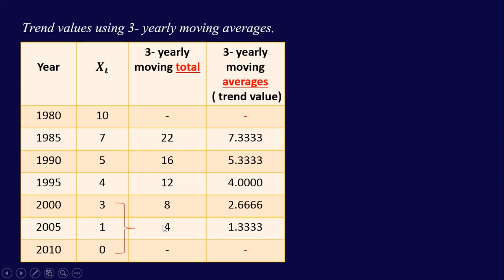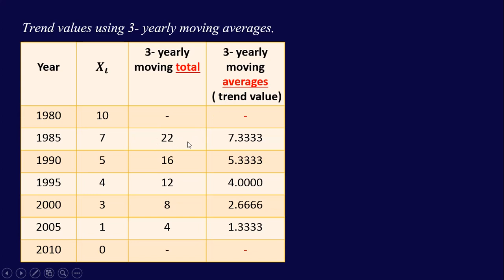We write this 4 in the middle. Now if we skip 3, there are no remaining 3 values, only 2 are remaining. So we stop here, making the 3 yearly moving total. Here the first observation is not present, the last observation is not present, the last total is not present. Now for the 3 yearly moving average, 22 is the total.